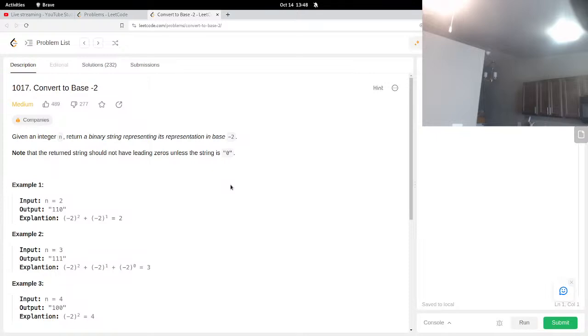Well, you could try base 2 and then convert that to base -2. Can I convert one of the bits in base 2 to something in -2?